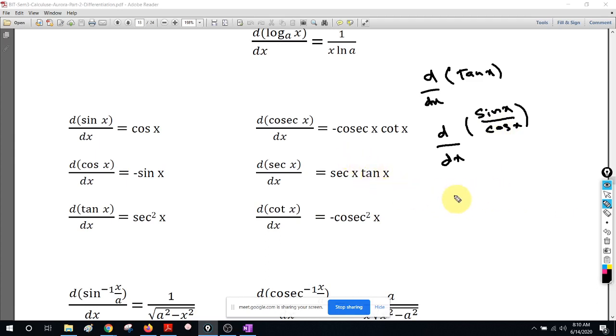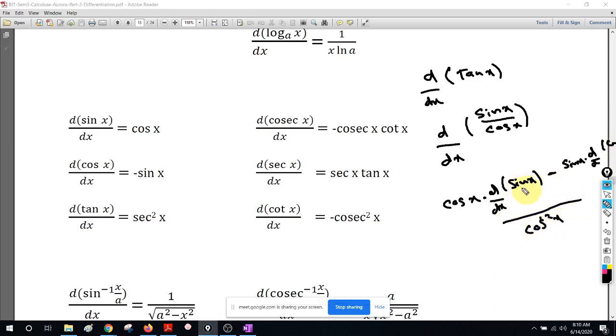So let's do that: cos x into derivative of up, which is sin x, minus sin x derivative of cos x divided by down squared, cos squared x.